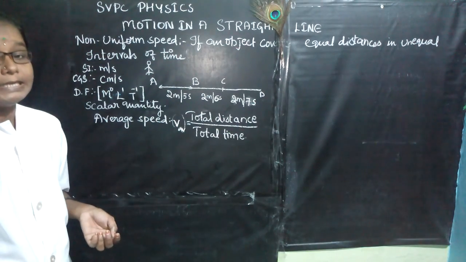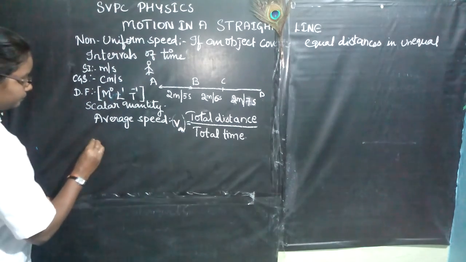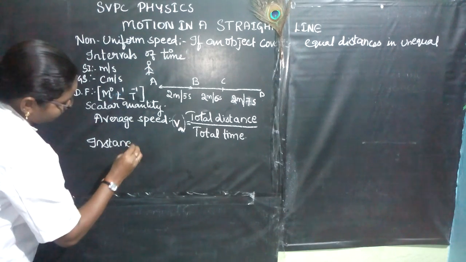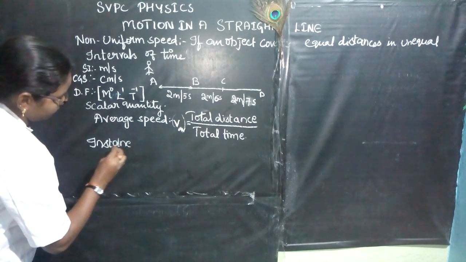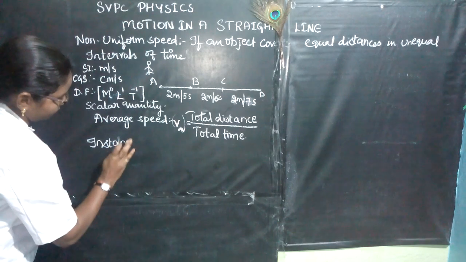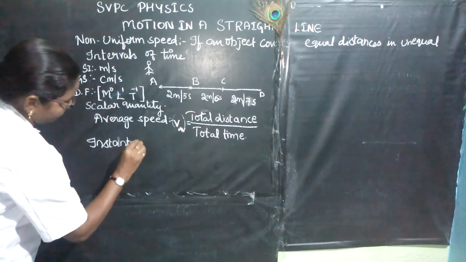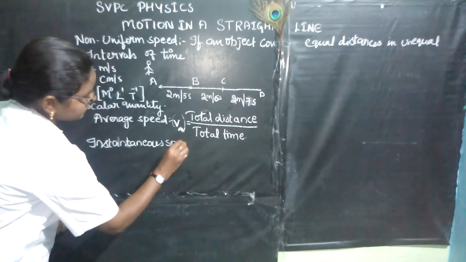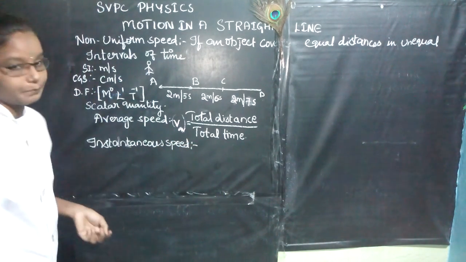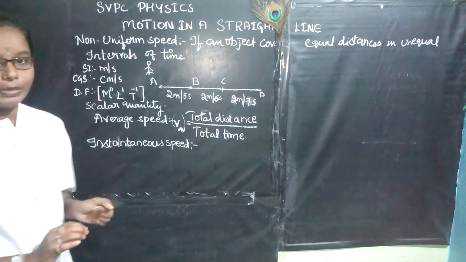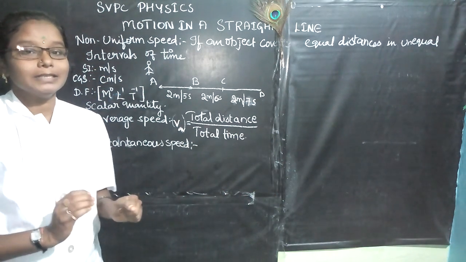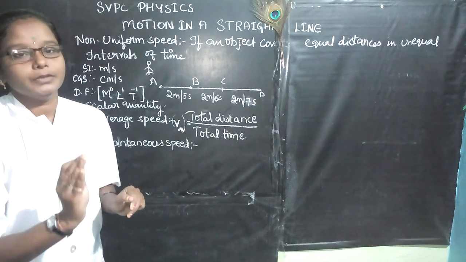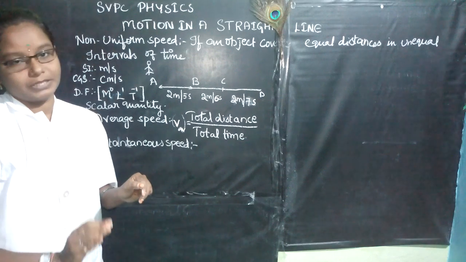Now coming to instantaneous speed. What do you mean by instantaneous speed? Suppose a car is moving. I'll ask you, at a particular time, I'll mention at 0 second, where is the object?